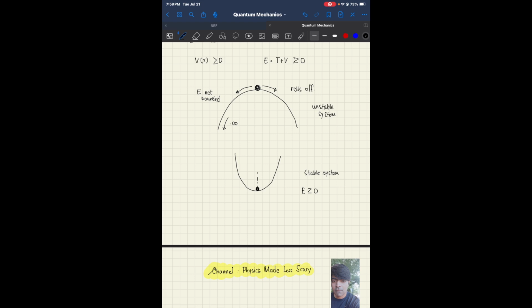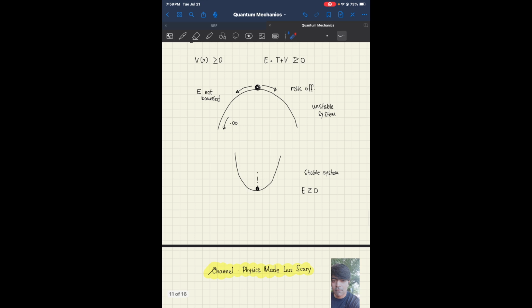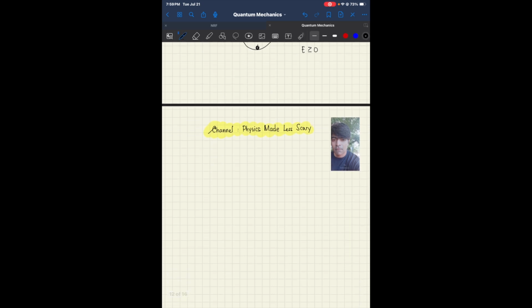So this guy is escaping to minus infinity. So this inequality will always be violated in this unstable system. Okay, so the upshot is that your energy in stable systems is bounded from below, right?